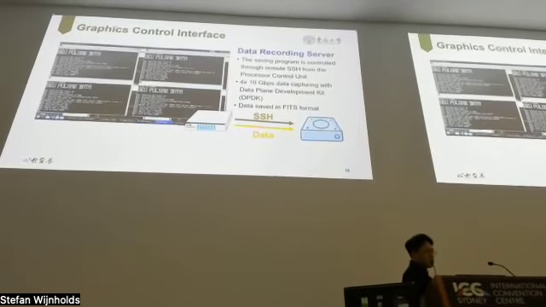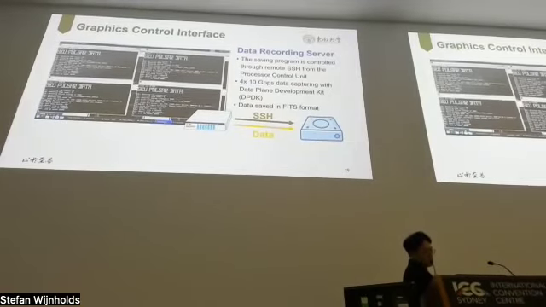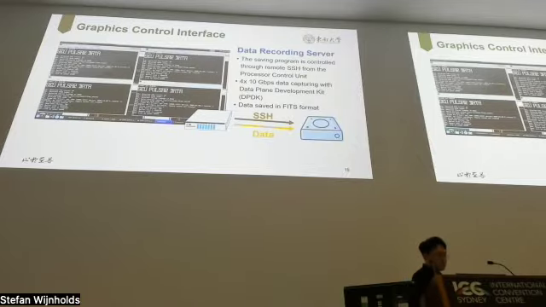The data saving program is running on the data recording server, but it can be controlled by this graphical control interface through remote SSH. So this program is actually running in the background of the graphical control interface, and the data saving program is implemented using DPDK, and the data is saved in a fixed format.